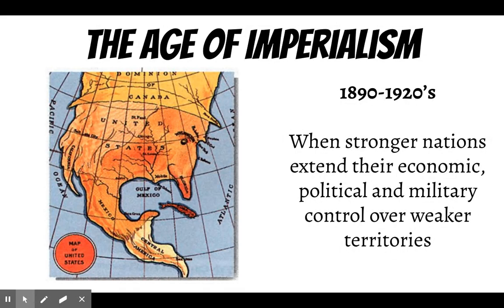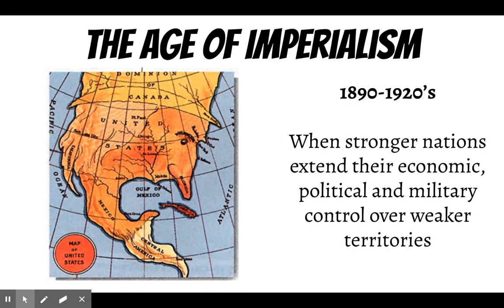In this picture, Uncle Sam is eating Cuba. Uncle Sam, America, is taking over Cuba. And the person who drew this picture had a very negative view of that because, again, eating somebody is usually not a great thing. Imperialism can take a lot of forms. There can be political imperialism, where our country politically takes over another country.